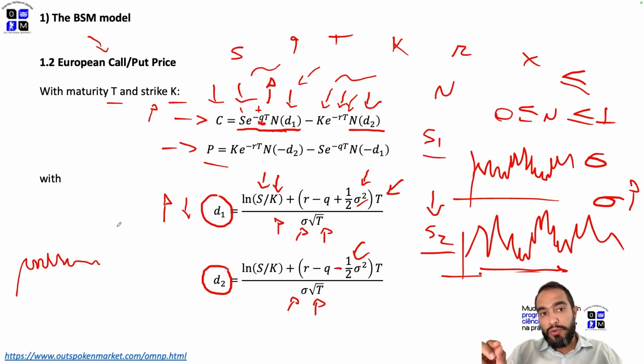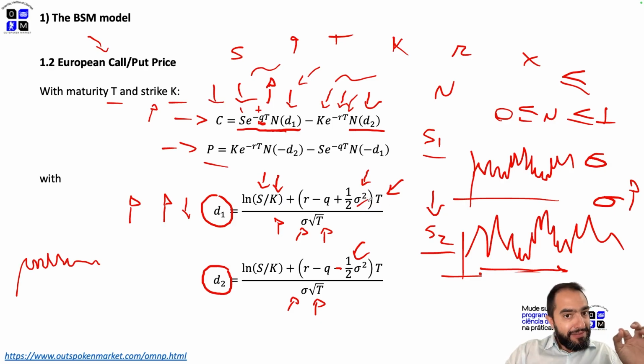If you look at the time to expiration, the T, the higher it is, the higher naturally the call price is as well, because we also have it here in the numerator and in the denominator, and eventually they are going to be compounding more or less, but with less effect than the volatility itself, that is squared.